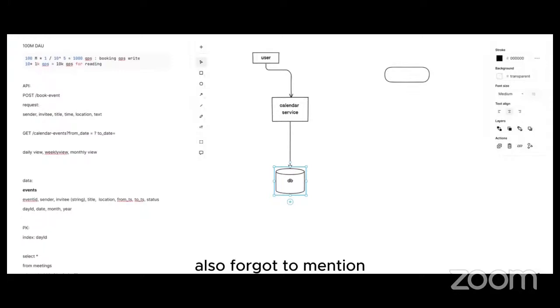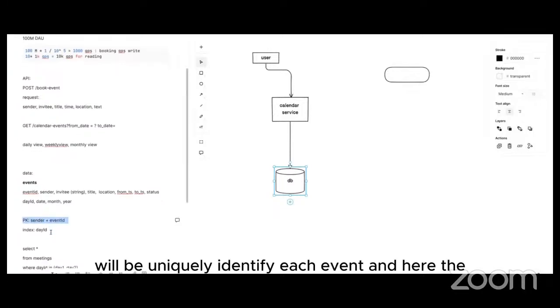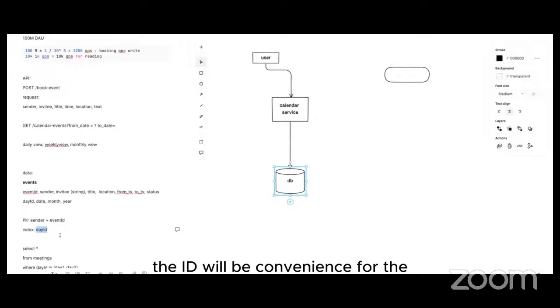Also, I forgot to mention, we need to have a primary key here. Let's see what can be the key: sender plus event ID. Yeah, that will uniquely identify each event, and here the day ID will be convenient for the search.